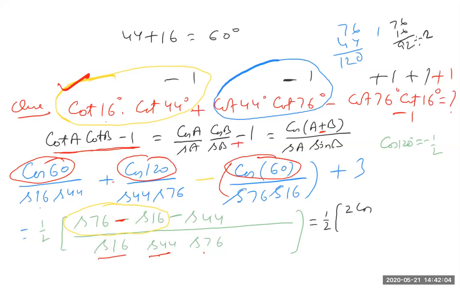Divided by 2, this will be 46. So 2 cos 46 sin 30, minus sin 44, upon sin 16 sin 44 sin 76. Plus 3 will be as it is.